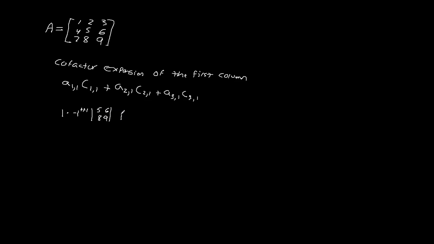And then we add to that the value at 2, 1, second row, first column, which is 4, times negative 1 raised to the 2 plus 1.